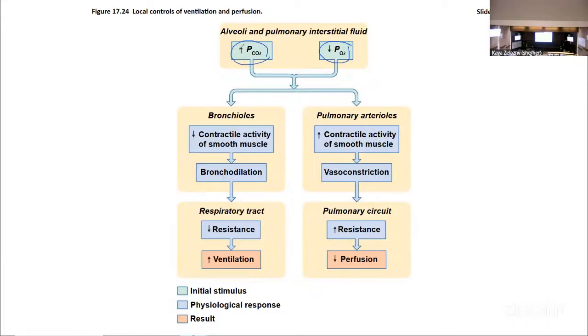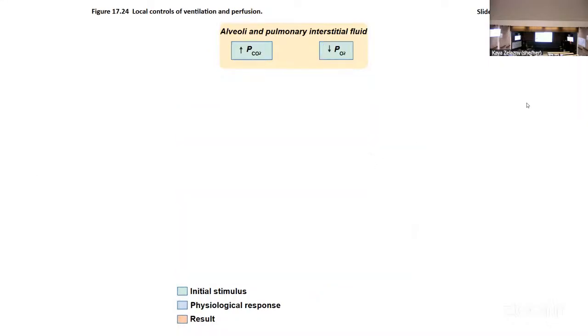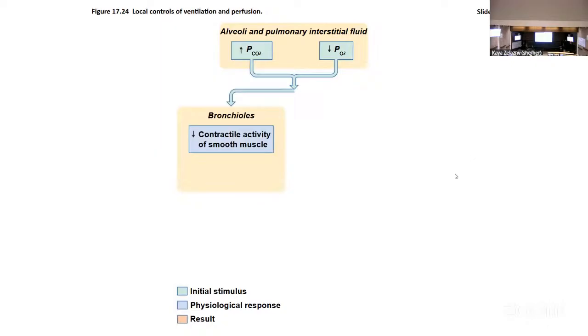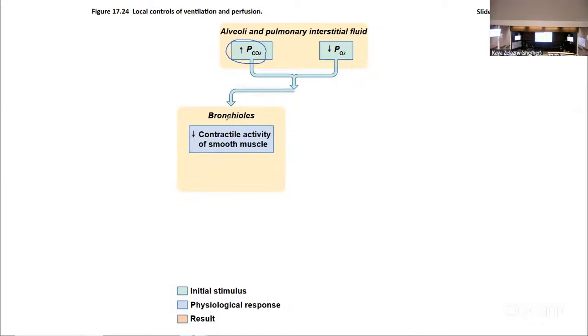And here we're looking at increasing carbon dioxide, decreasing oxygen levels. Okay. So we'll walk through. First, we're going to see that as we have these increasing carbon dioxide levels, especially, also maybe a little bit of this dropping oxygen, but we're really reacting here to the carbon dioxide part when we're looking at our bronchioles, right?